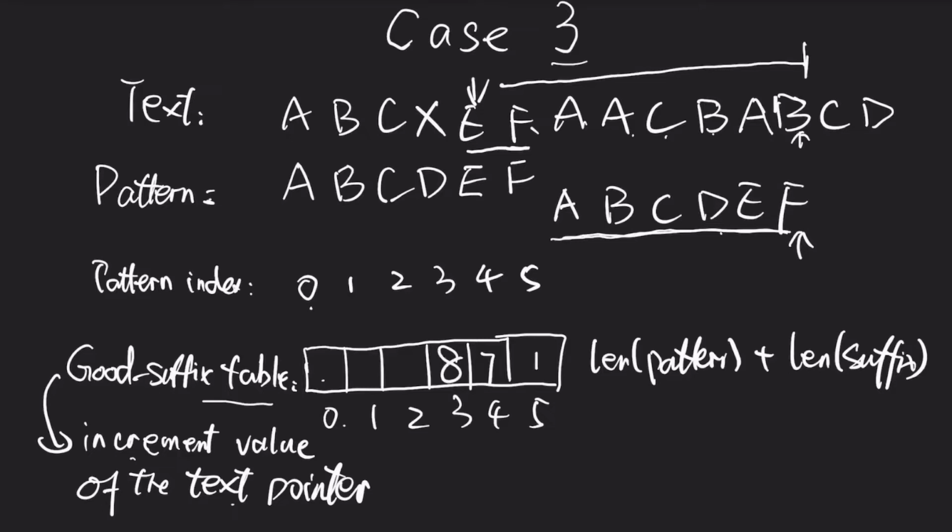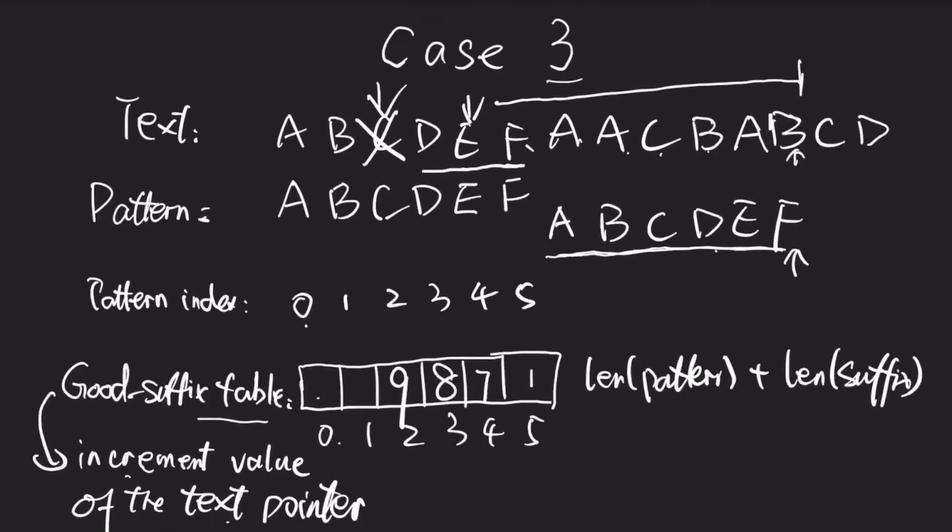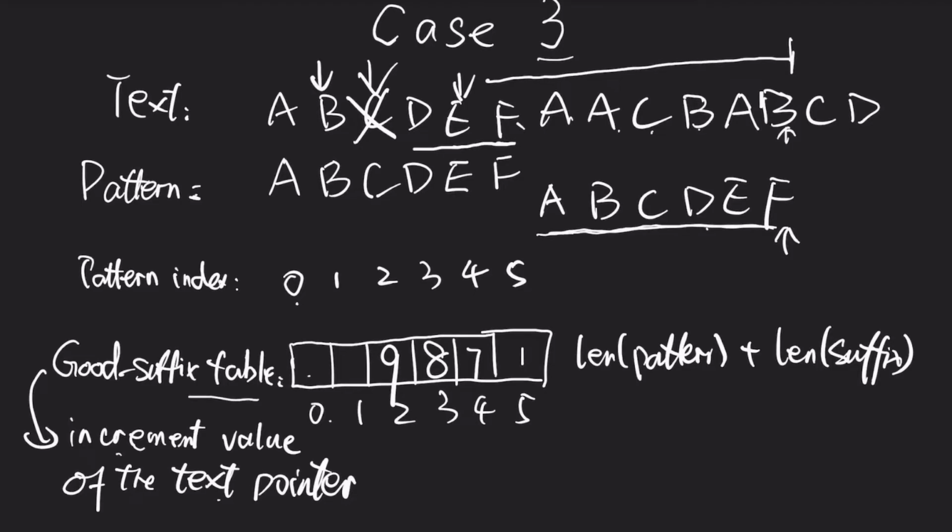And if the mismatch is here, D is here, and then the suffix length is 3, and 3 plus 6 is 9. If here, this is C, then the suffix length is 4. 4 plus 6 is 10, and the next is 11.